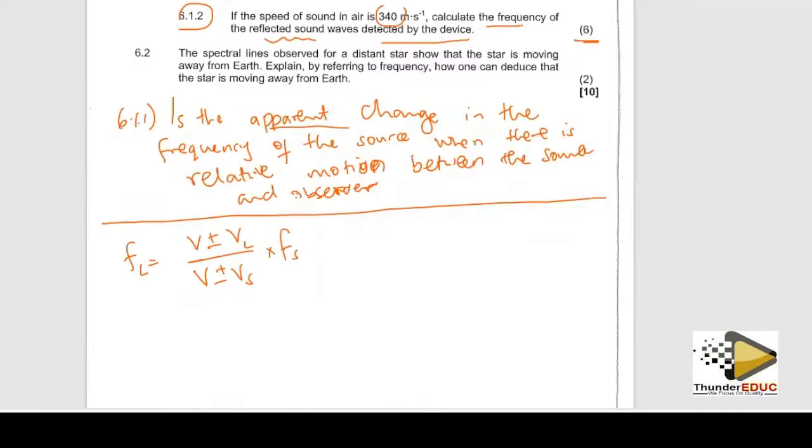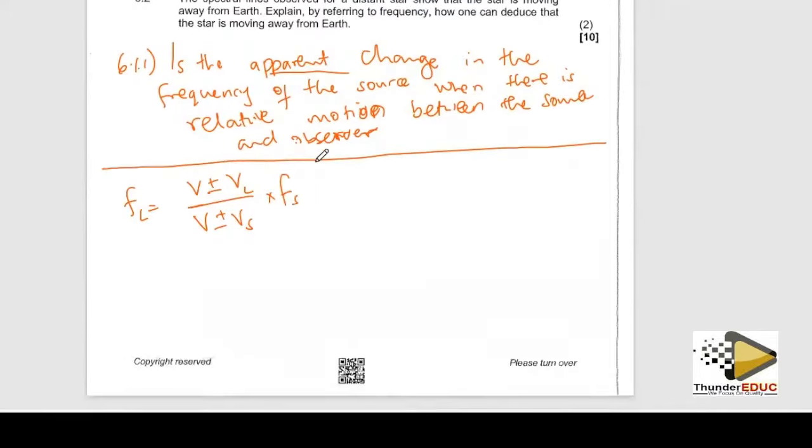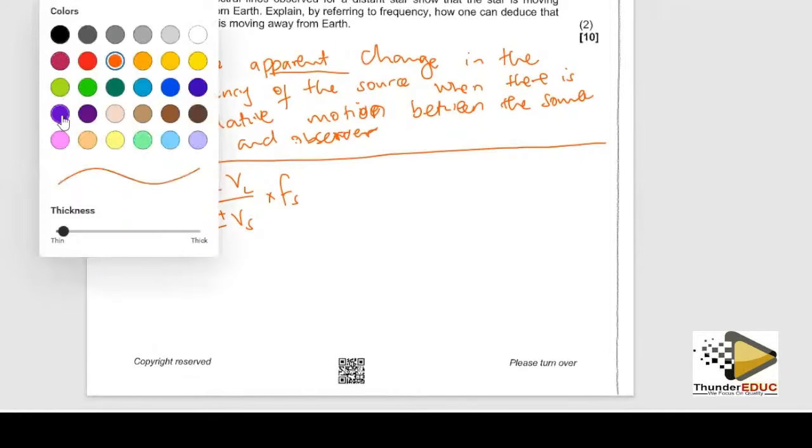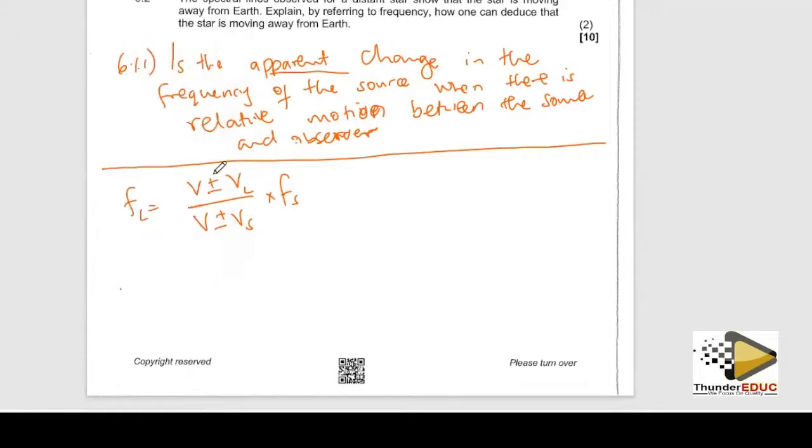Now, since the listener is approaching the source, we expect the frequency to increase, which means we're going to have a plus on top and then minus down. So that's going to be 340 plus the velocity of the listener, 22, over 340 minus 0, times the frequency of the source, which is 24,000.